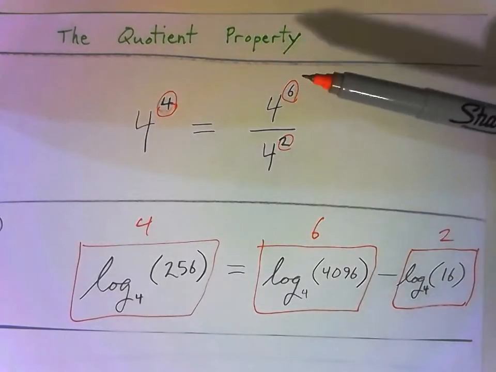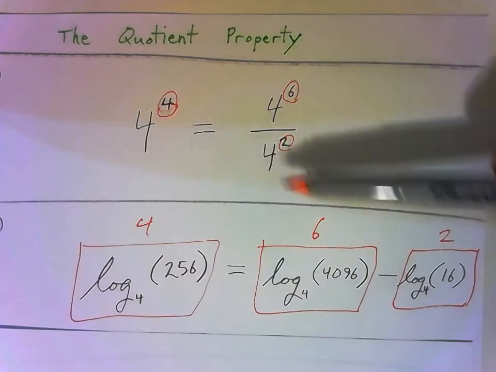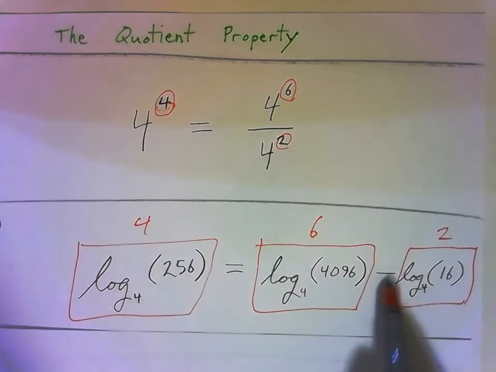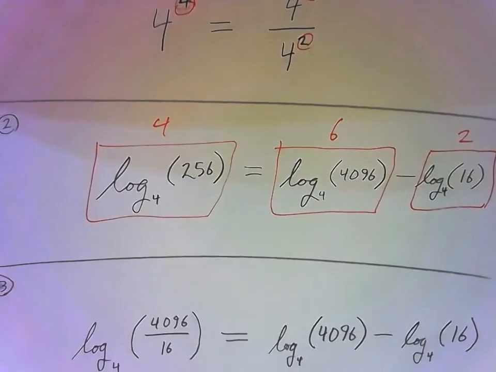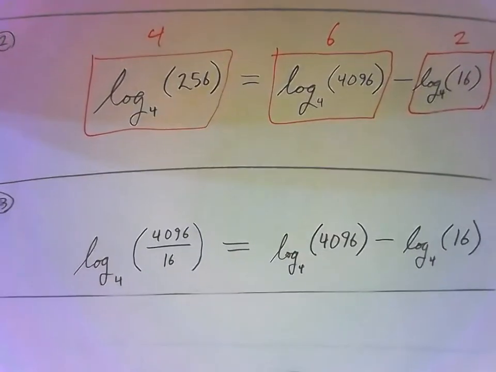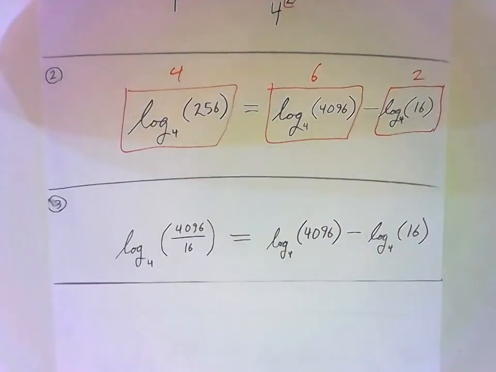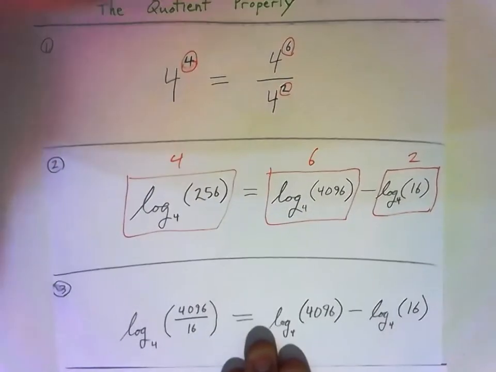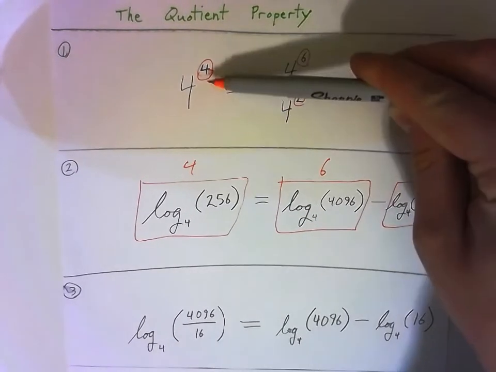So multiplying becomes addition when you separate the logs. Dividing becomes subtraction when you separate the logs. And to write it one other way, remember, 4 to the 6th divided by 4 squared is 4 to the 4th.